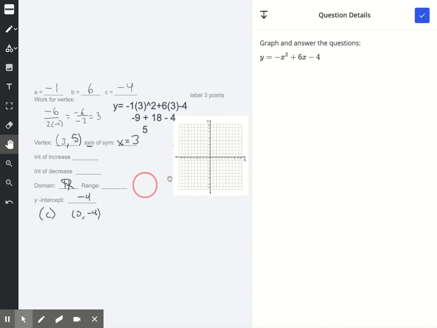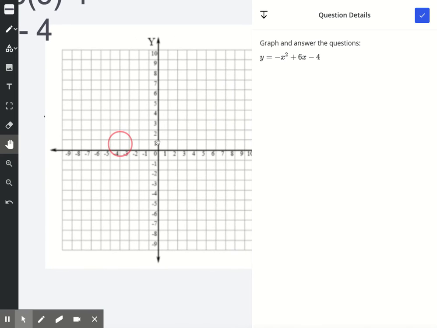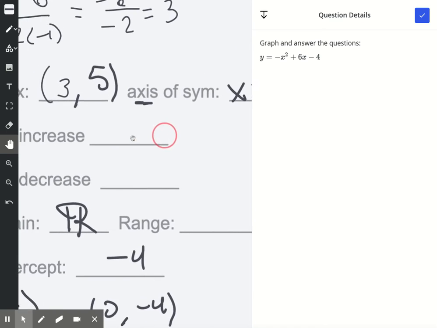Let's see it. So again, I'm going to zoom in. A vertex at 3, 5. Now we are encouraging you to draw your new axes. So I have a 3, 5. Okay.